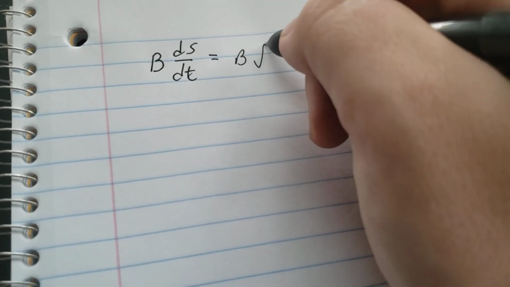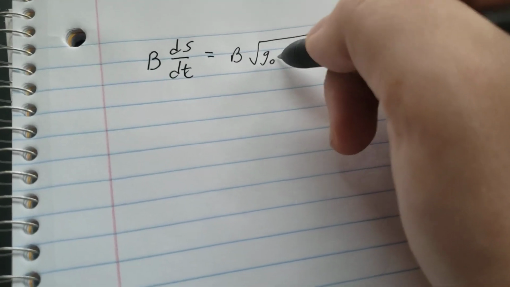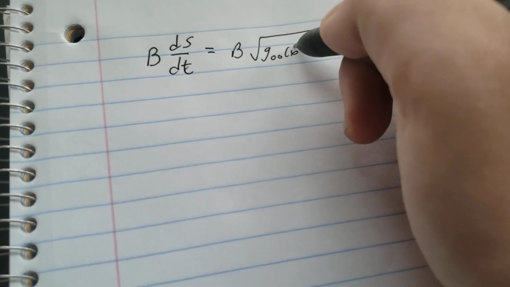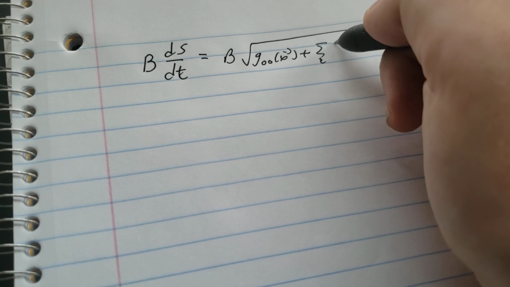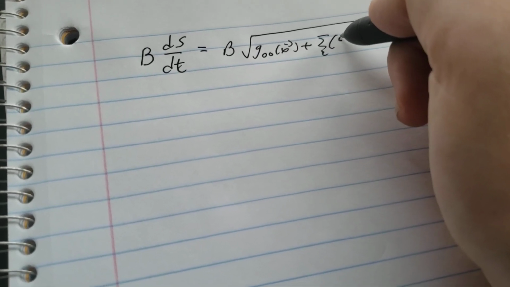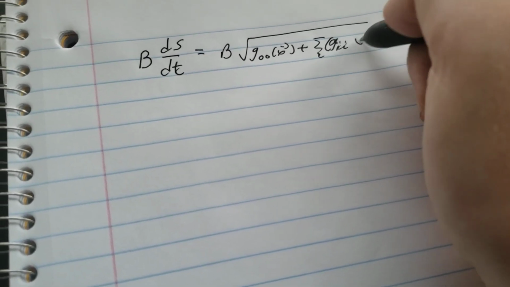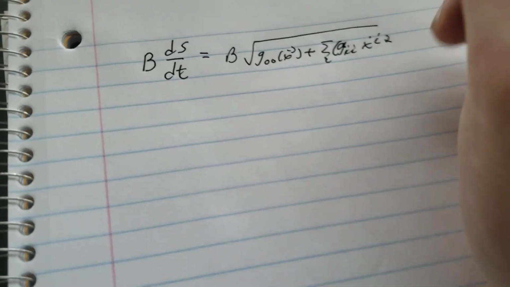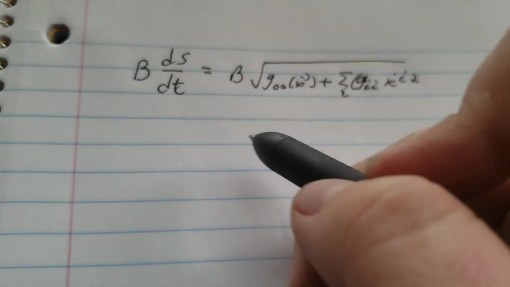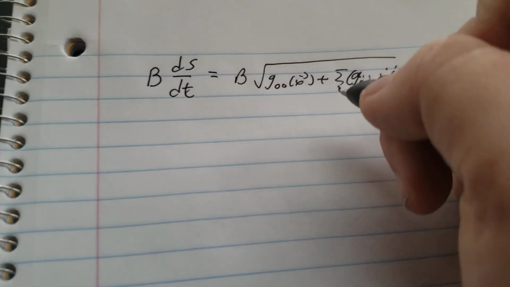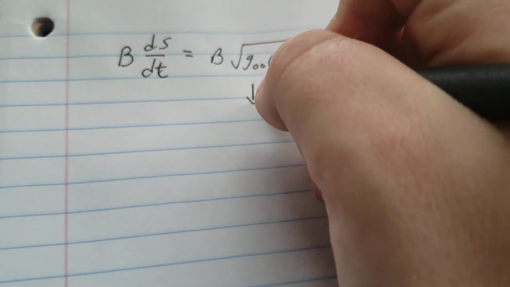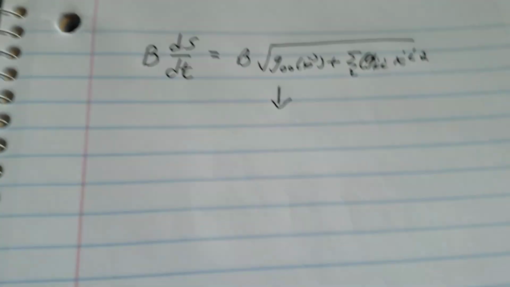I'm going to rewrite that. Alright. Now I'm going to write these metric components in terms of fluctuations.